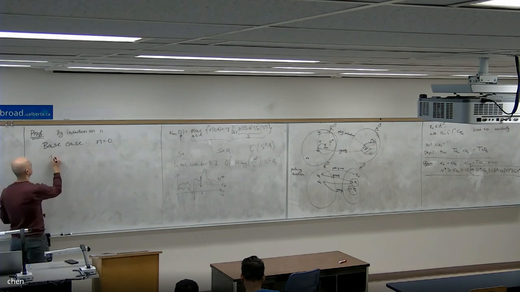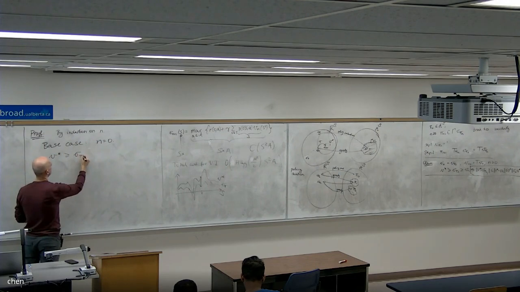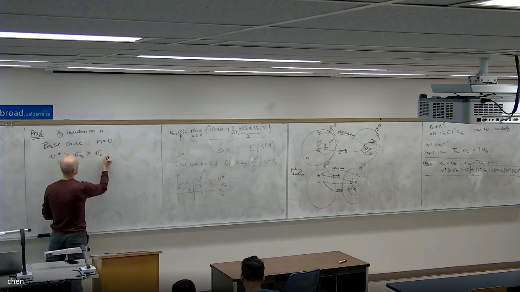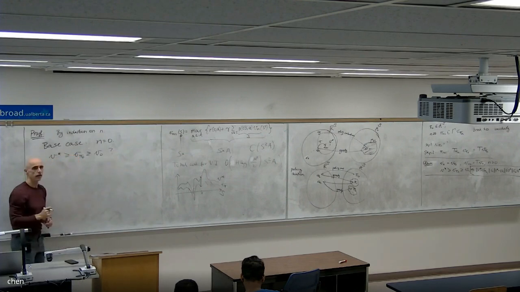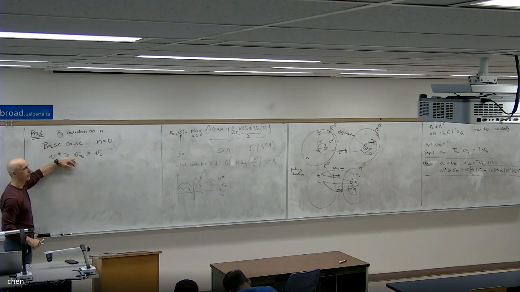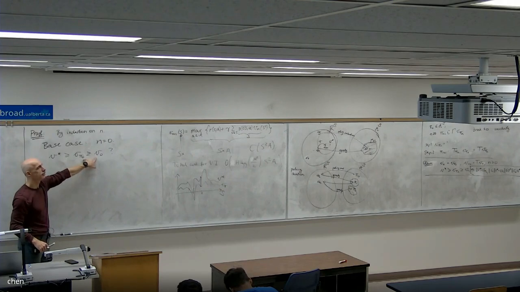We want to show that v star is at least as large as v pi naught, which is at least as large as v naught. Does this hold? Why?